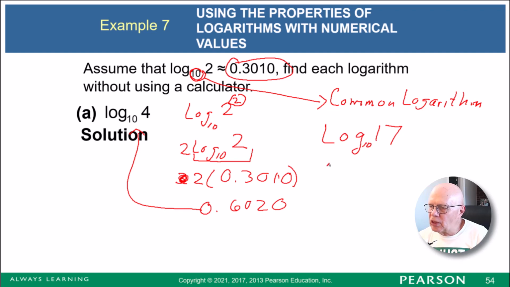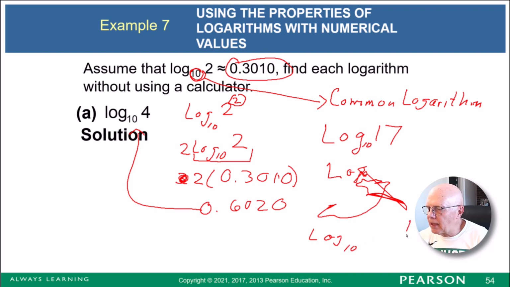The two things you're going to use most often are log base 10 and log. Now here you'll see that e again.